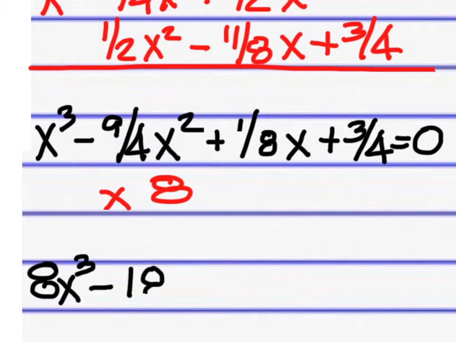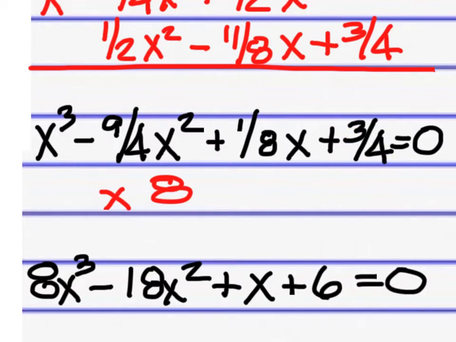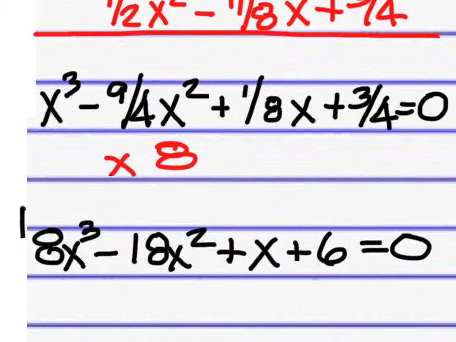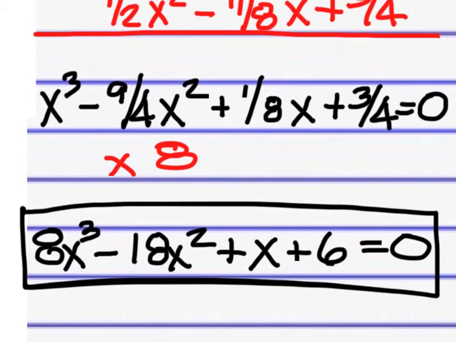So minus 18x squared. Multiply this by 8. It becomes 8 over 8, which is just 1. And then multiply this by 8. 8 times 3 is 24. Divided by 4 is 6. So this down here at the bottom is your final answer.